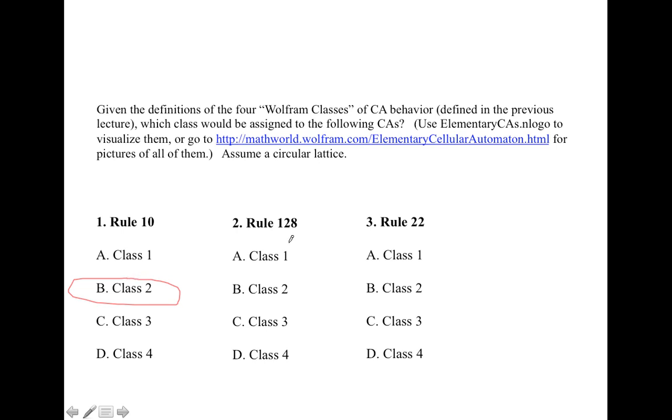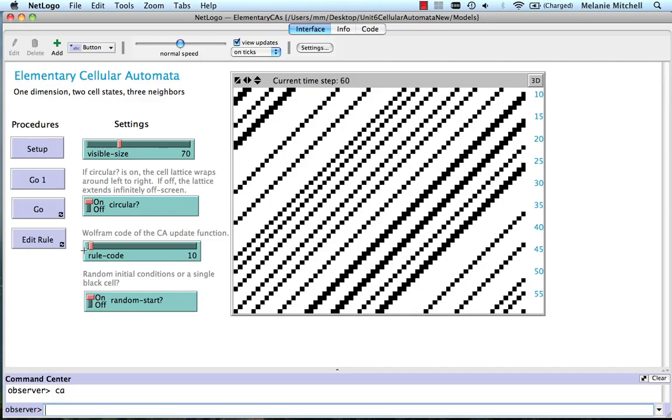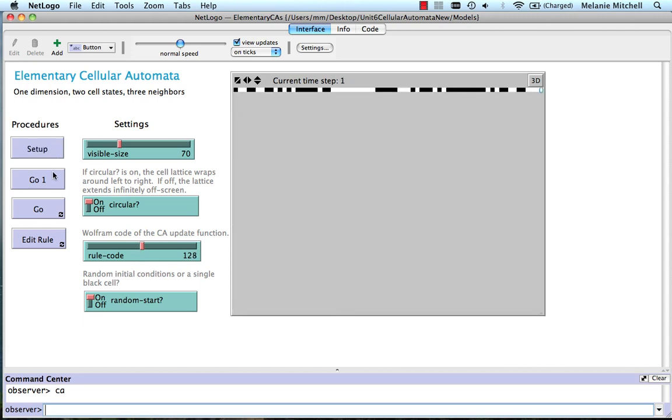That one's a little bit easier. If I now set my rule code to 128, do setup and go, you'll see that it always goes to a white fixed point.